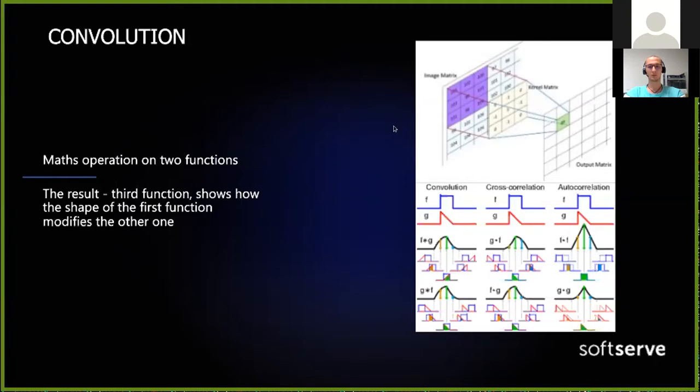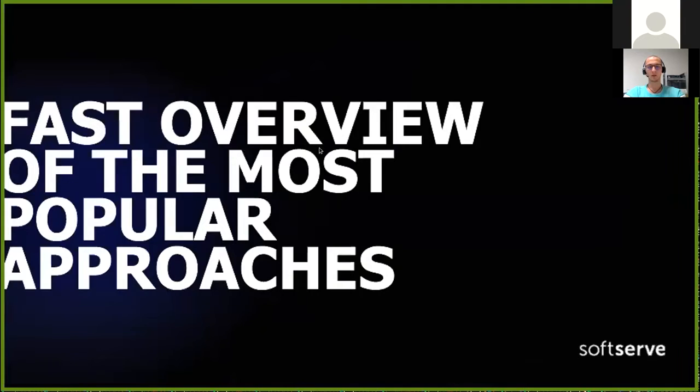In image processing, we use the image as an M by N matrix, and we use small kernels. It can be from one up to many kernels, 3 by 3, 4 by 4. It has to be square, and the result is some smaller matrix that shows some features of the input image that is obtained by applying the kernel.